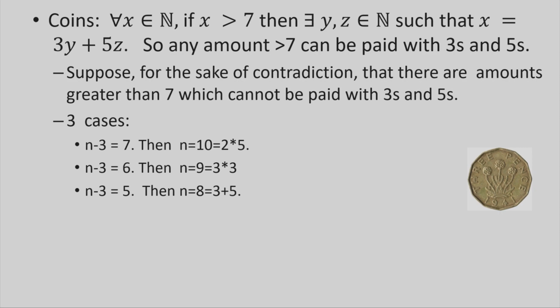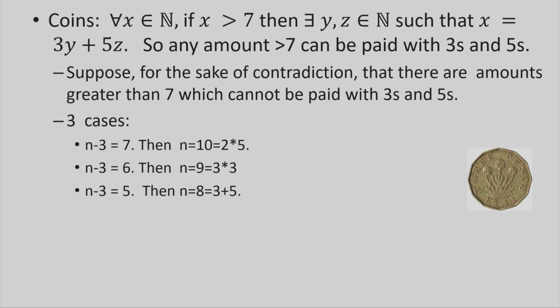What if our n were equal to 10, so n minus 3 is 7? Can we pay n with 3's and 5's? Yes, because 10 is payable with two 5's. No problem. What if our n minus 3 is 6? Then n is 9. Three 3's, not an issue. n minus 3 is 5, so n is 8.